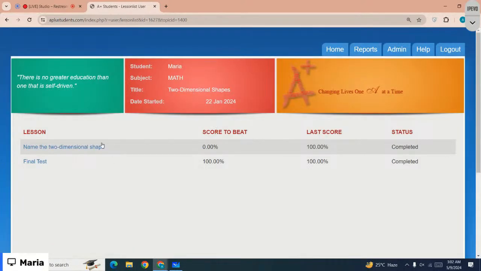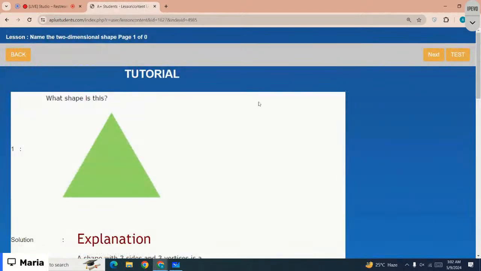Okay, name the two-dimensional shapes. What shape is this? Which is the correct option?